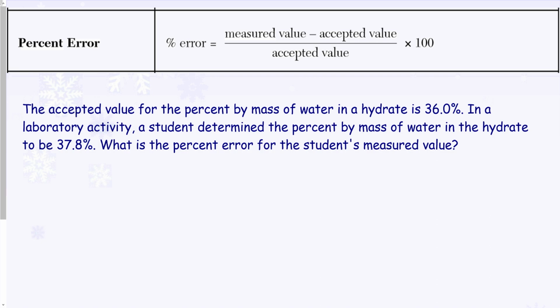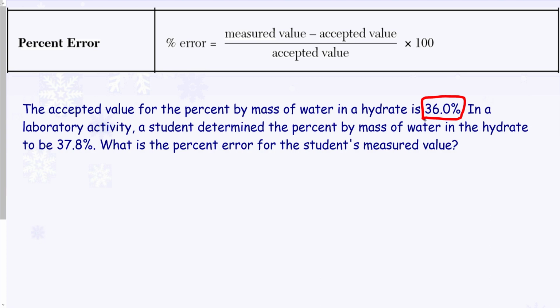If English is not your first language, it's always a good idea to focus on the numbers. And this is what I do. English is not my first language, so I always focus on the numbers, and that guides me towards the right track. What do I mean by that? For example, the first thing I would do is highlight or underline 36.0%.